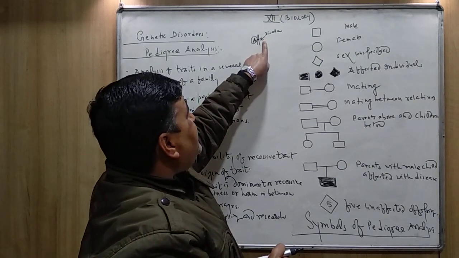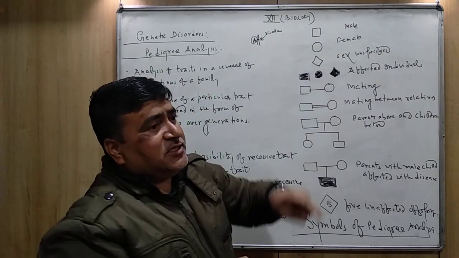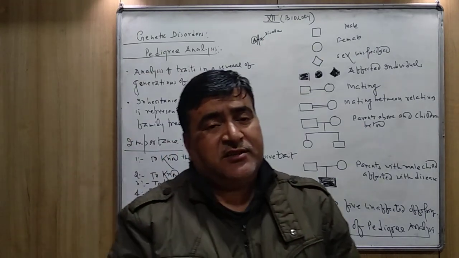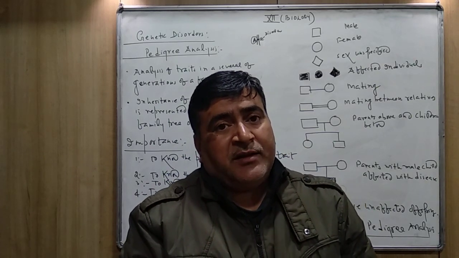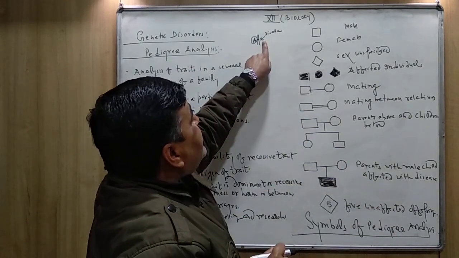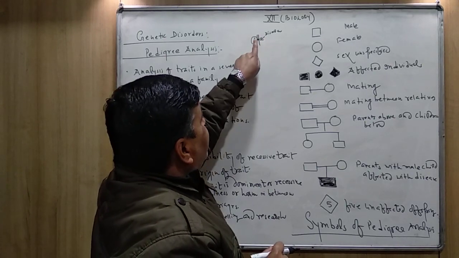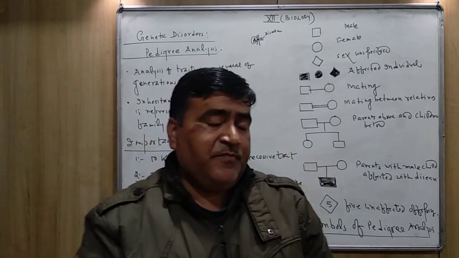Because of the mutation, this small a is now responsible for causing a particular disease. This gene has been mutated, but one gene is still normal.